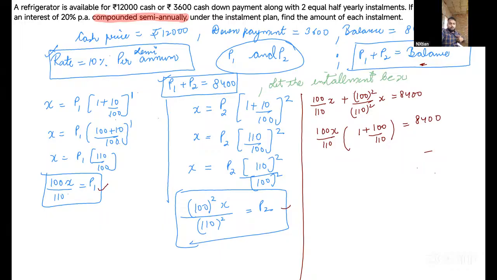No, just ask me. How did you do that? 1 plus 100 by 110. See, these are the two terms, the first term and the second term. Now the first term, all the things are out, because 110 and 100x are also there, so I take out the common. Yeah, all things, only one is left behind. Okay, so now it will become like this.